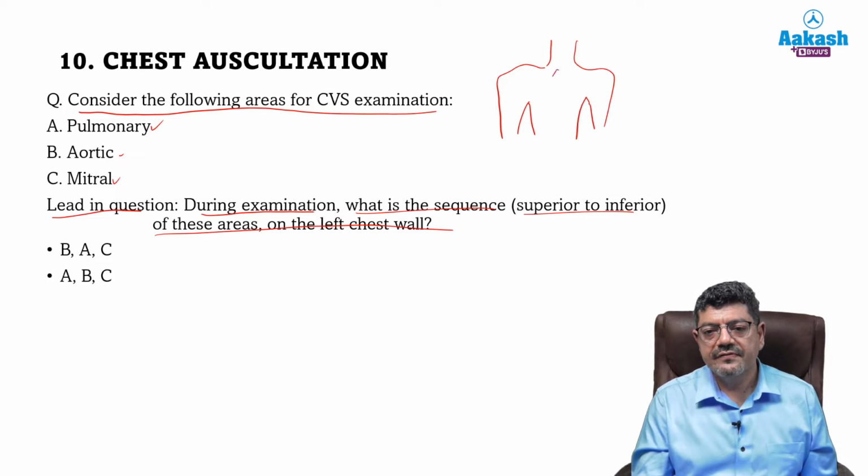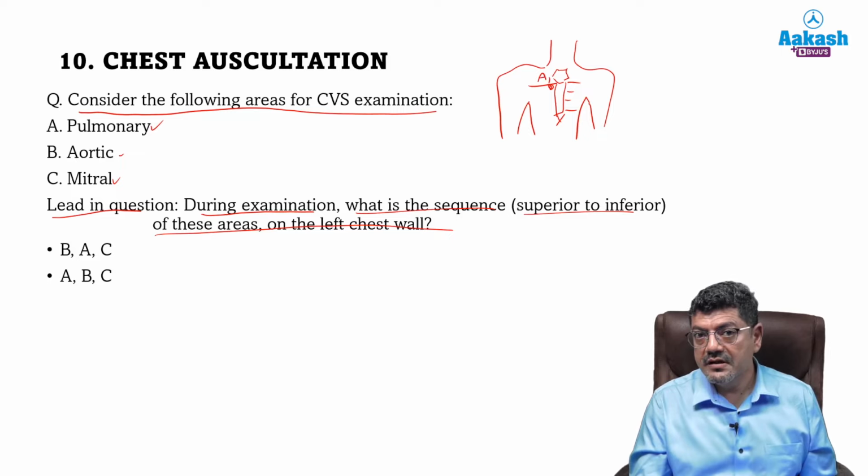So if that's the manubrium and that's the sternal body, right? The second rib, right? This is the aortic area. This is the A1 area. This is the pulmonary area.